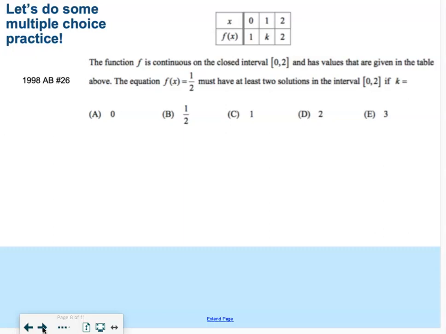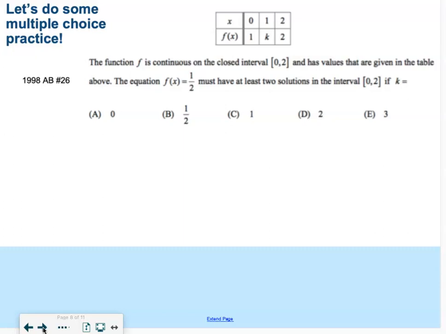Wow, you got it. So that's how you know it's A.